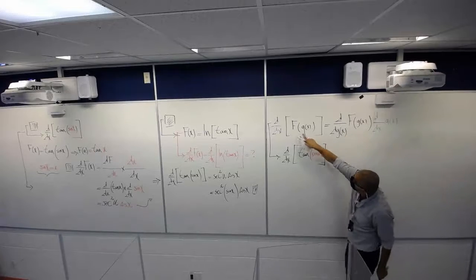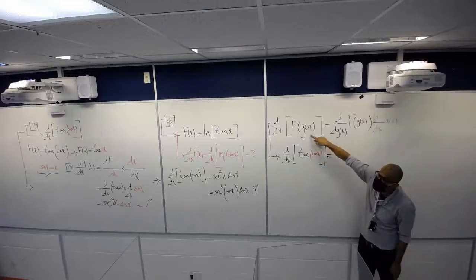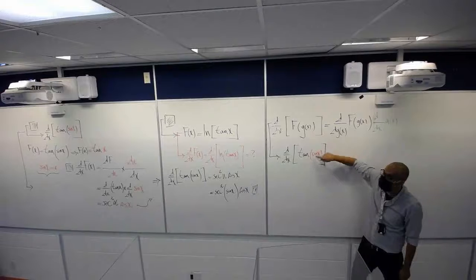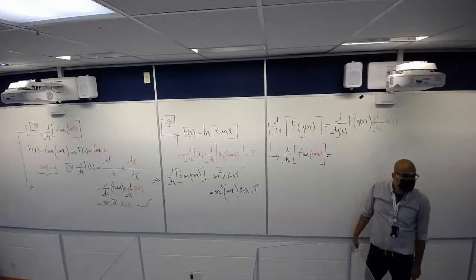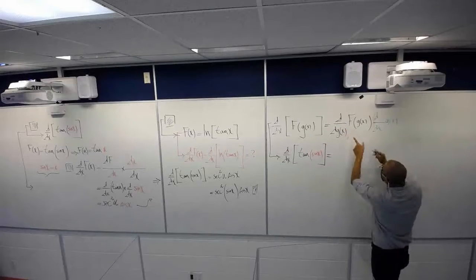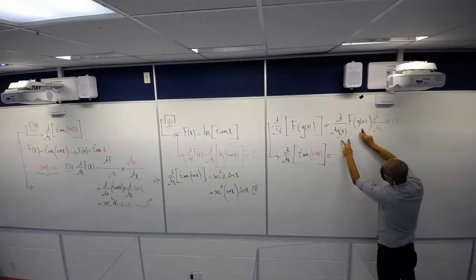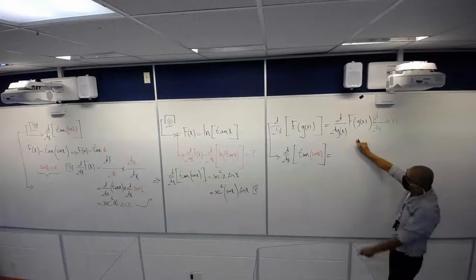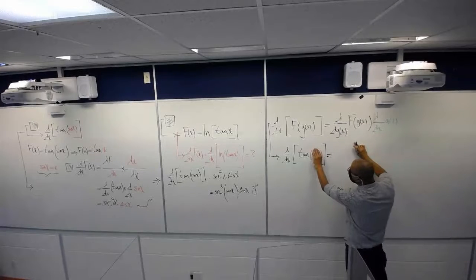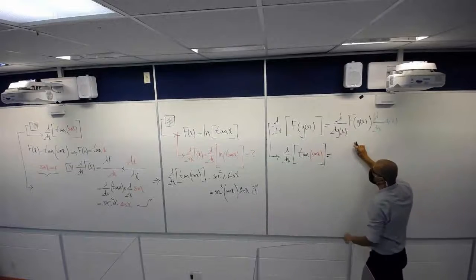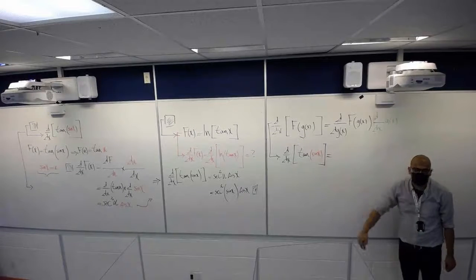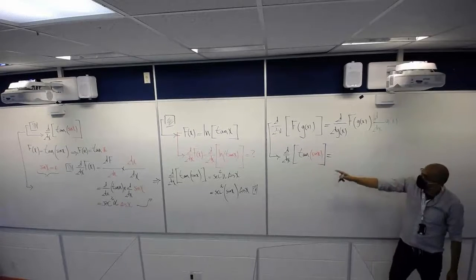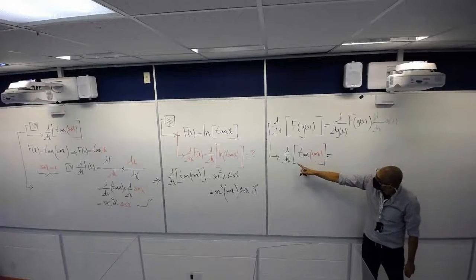Now, look at this one. We have f of g of x. My g of x is sine, and f of x is tangent. I say d of f of g of x with respect to g of x, the same thing that we do. Imagine it becomes the derivative of tangent with respect to the tangent's input, but at the end you put back the baby inside: the tangent of sine x with respect to sine x.